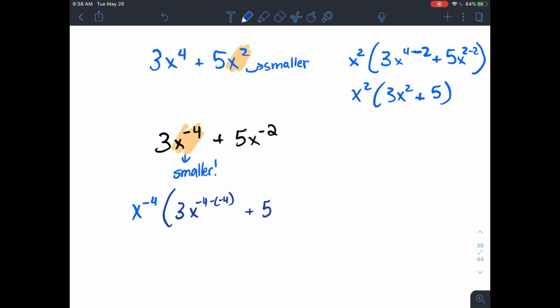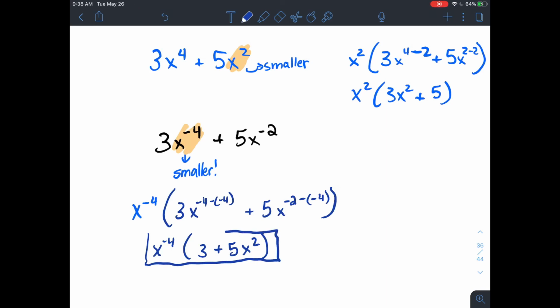Like I'm subtracting my negative 4 from my exponent. I'm subtracting negative 4 from my negative second exponent that I had. So that'll leave me with x to the negative 4th on the outside times 3 plus, and then 5 times x to the negative 2 minus 4, so that's negative 2 plus 4 gives you x squared. And you could check by multiplying it back together and seeing that it equals the original.